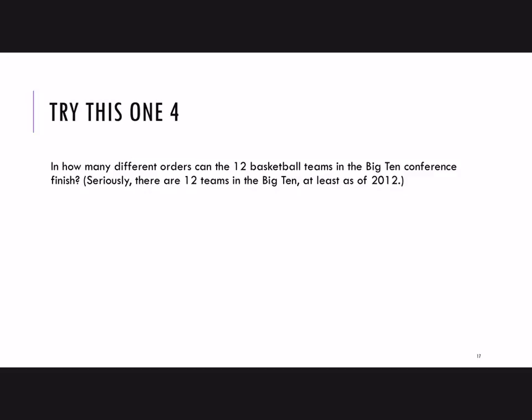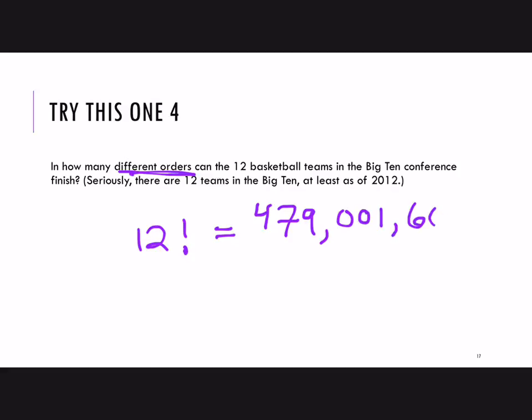Here they're not really standing in a line, but it's still implied that there's some sort of order because they're trying to finish in a certain order. So it's 12 teams arranged in order, or 12 factorial, and this is a very large number, 479,001,600.